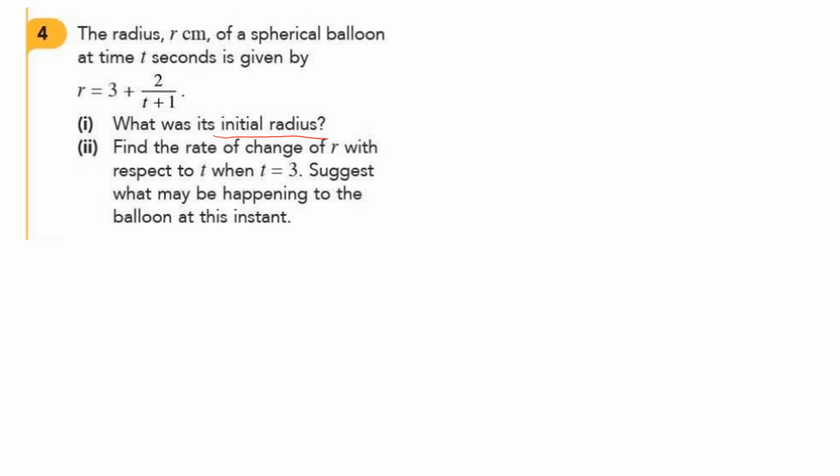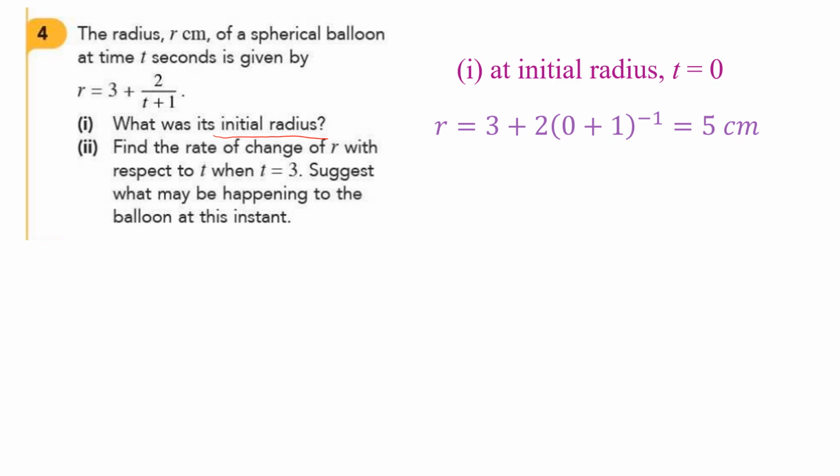So we're going to substitute t equals to 0 into the function given for your radius, and you will have the initial one is 5 centimeter. So when the first time you see the balloon, the radius is 5 centimeter. That's what it means. And maybe later on the balloon will be increasing, get bigger and bigger, or get smaller and smaller. That is when we look at part 2.